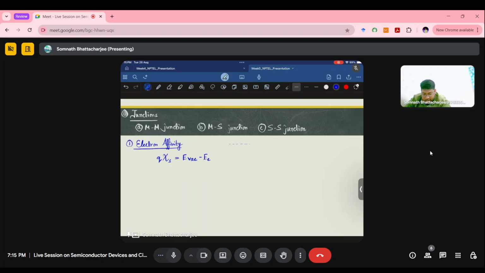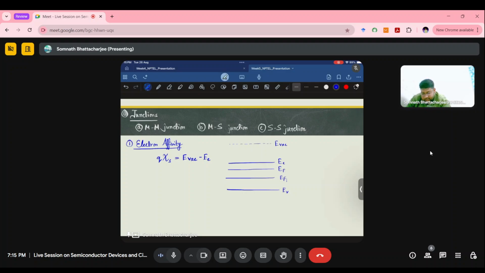Let's say we have a semiconductor like this: this is the E vacuum level, this is the EC level, this is the EF, this is the EV, and we also have EFi, the intrinsic Fermi level.